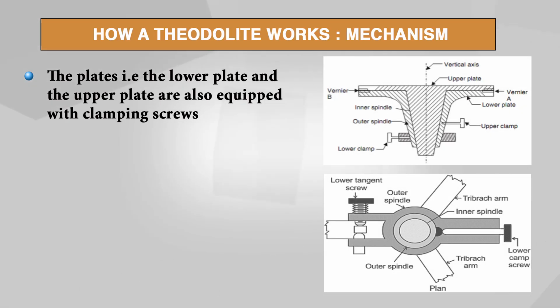The plates, that is the lower plate and the upper plate, are so equipped that they can be clamped. Clamped in a sense, you can restrict their movement as per the choice of the surveyor. We can look at these plates in the components of the theodolite. You can lock the lower plate or the upper plate.